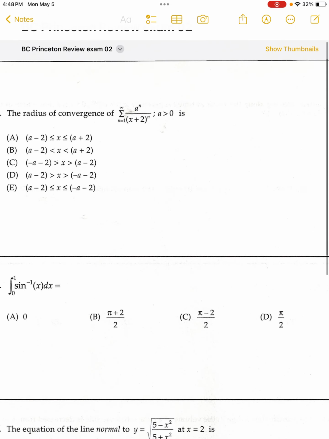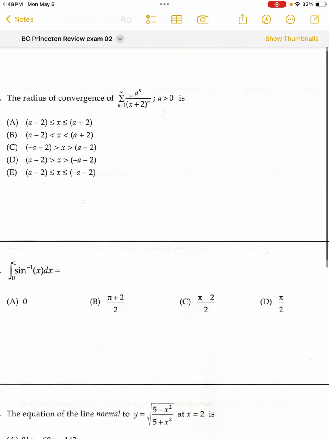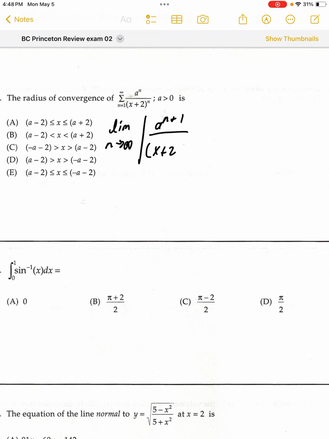The radius of convergence of the series is, okay, so we'll perform the ratio test on this. So a to the n plus 1 over x plus 2 to the n plus 1 times x plus 2 to the n over a to the n, right?